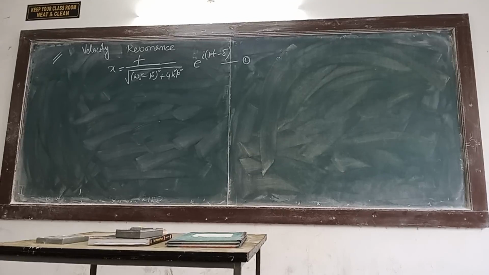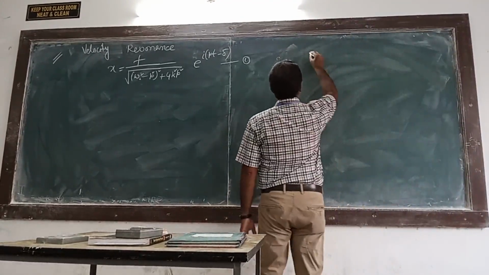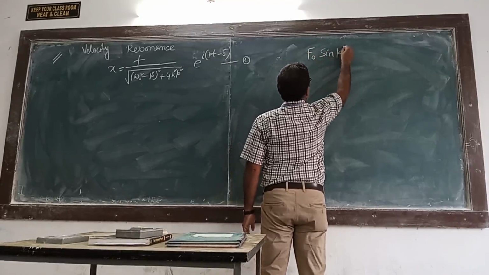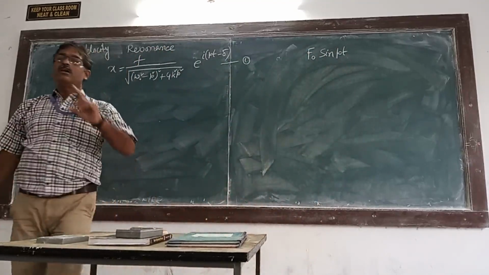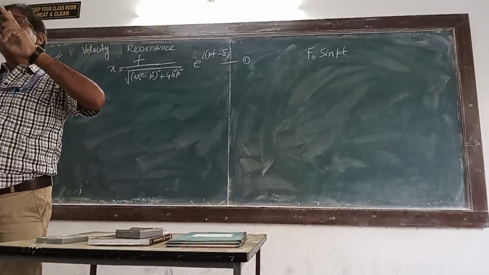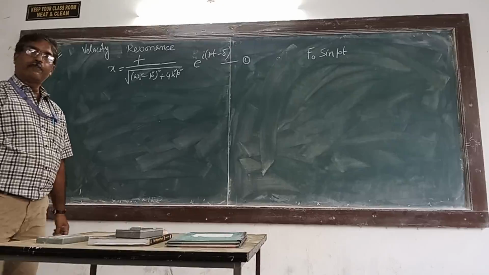If the applied periodic force on the particle is F0 sin Pt, or F0 e to the power iPt, it has two components, one is cos Pt and another is sin Pt. So we take F0 sin Pt.